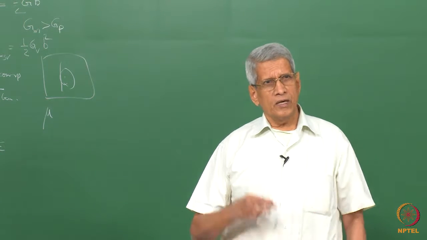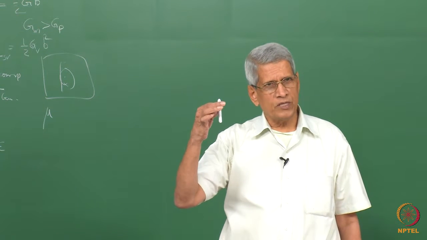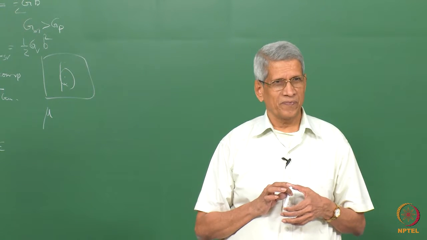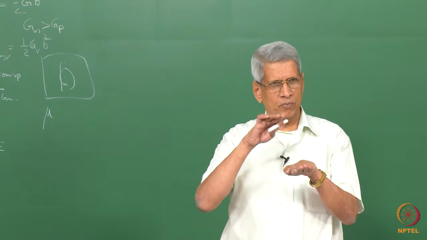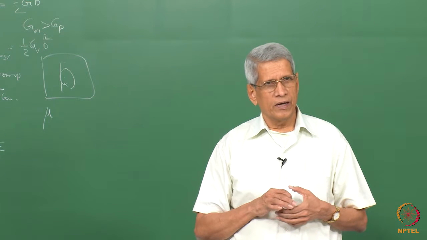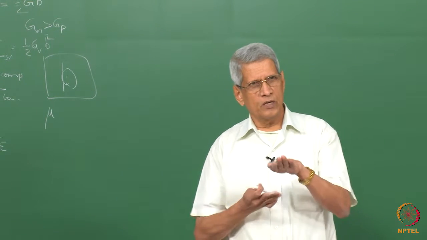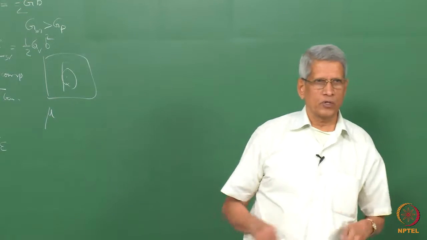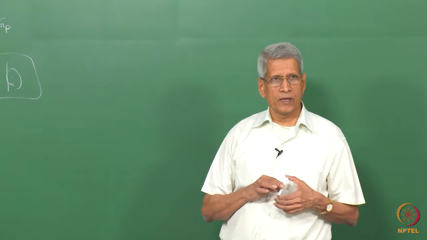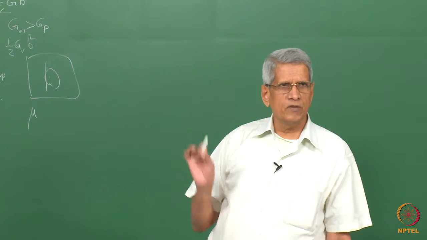This change in misfit will make the defect segregate preferentially above the slip plane or below the slip plane in the case of an edge dislocation. Because if the misfit is negative, it will segregate to the compressive region, correct? If the misfit is large, positive, it will segregate to the tensile portion of the dislocation. This gives a bias also. And more than that, what we have considered so far is essentially a defect which is isotropic.